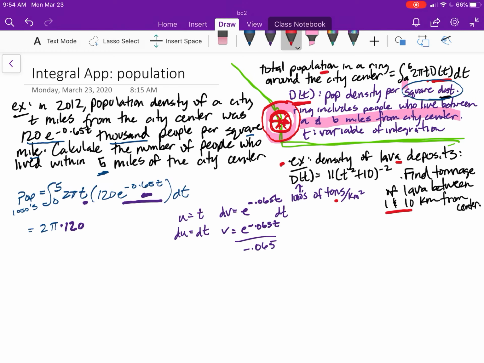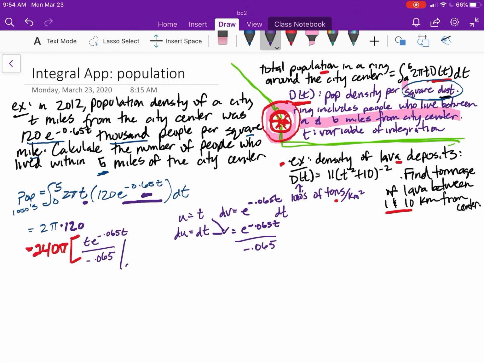So, out front, we have this 240 pi. I'm going to do brackets here. uv minus v du, right? uv minus v du. So we have t times e to the negative 0.065 t over negative 0.065.